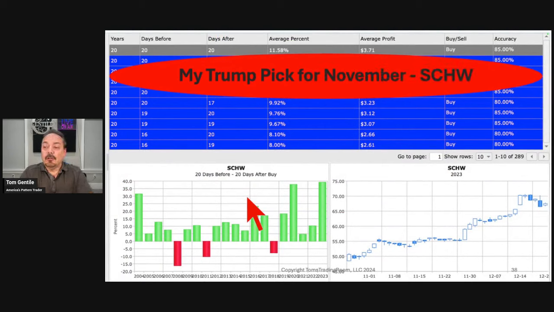If I'm looking at every single year across the board from 2000, we see November and December has an 85% accuracy, and it has averaged 11.5%, including the losers. That's true. But remember, if you just look at the election years, there were winners each and every year.